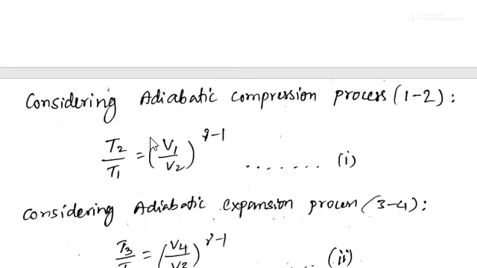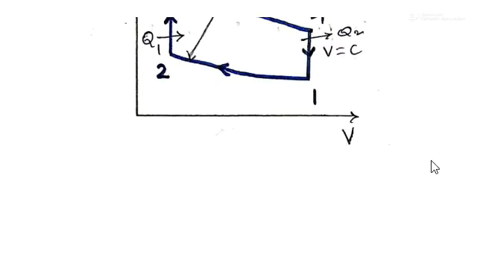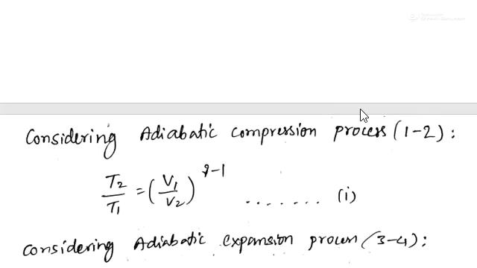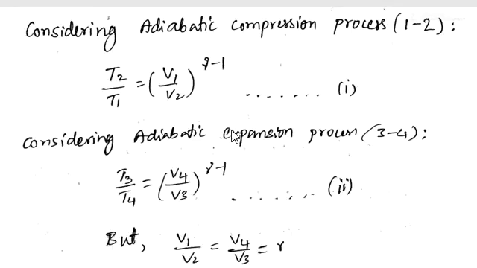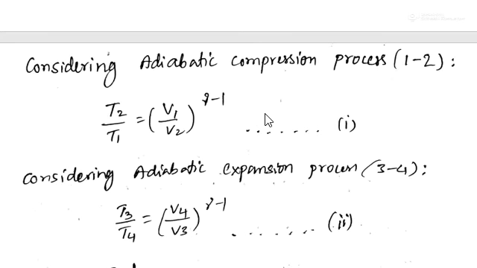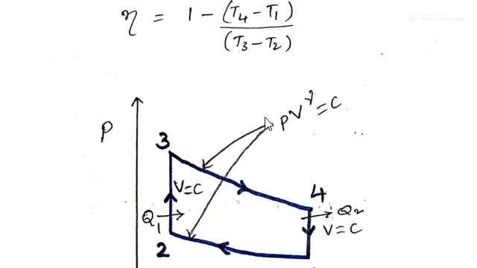Now let us consider the adiabatic compression process, process 1 to 2. For this adiabatic process we can write T2 by T1 equals (V1 by V2) to the power gamma minus 1. Let us take this as equation number 1. Next consider the adiabatic process 3 to 4.